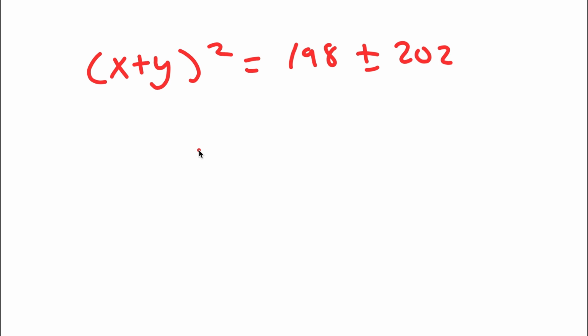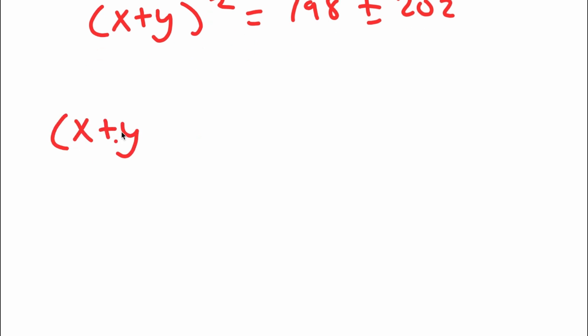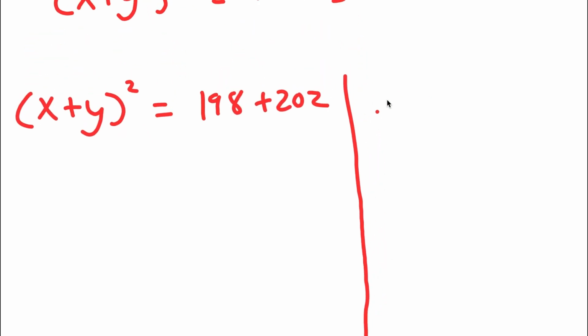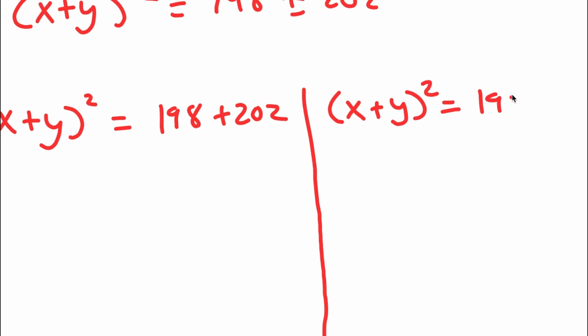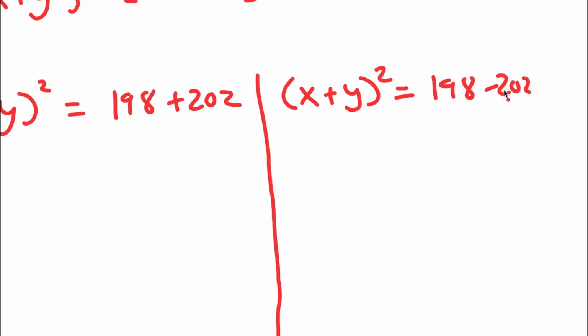So this gives me two equations. I have (x plus y) squared is equal to 198 plus 202, and (x plus y) squared is equal to 198 minus 202.